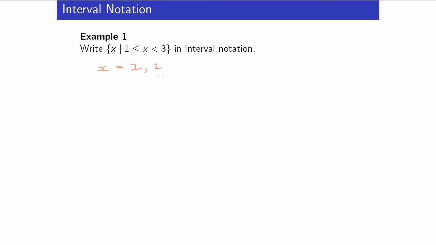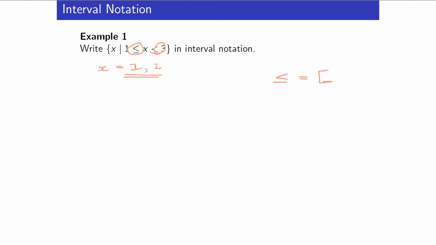So how do we write this in interval notation? Well, we can actually take a guess by just looking at these operators here. When it says less than or equal, it means that it's inclusive, right? But when it says strictly less than, it's saying that it's exclusive.